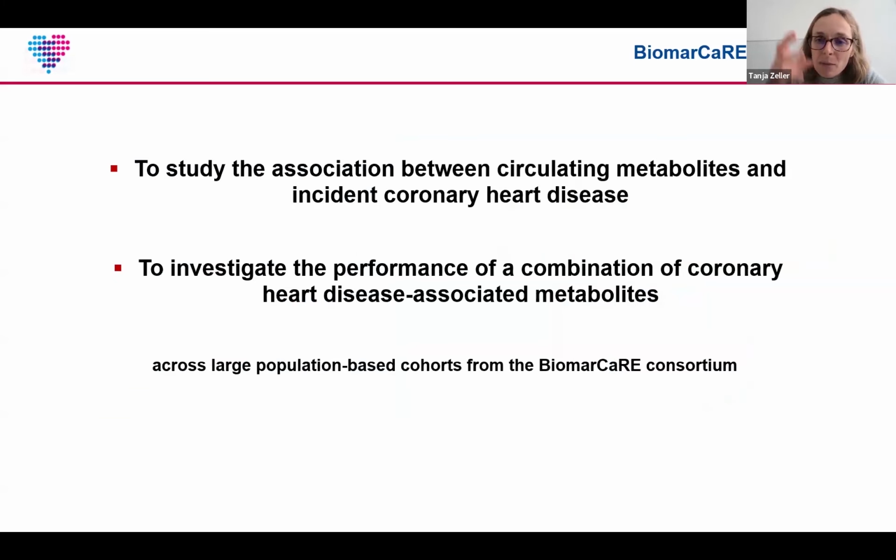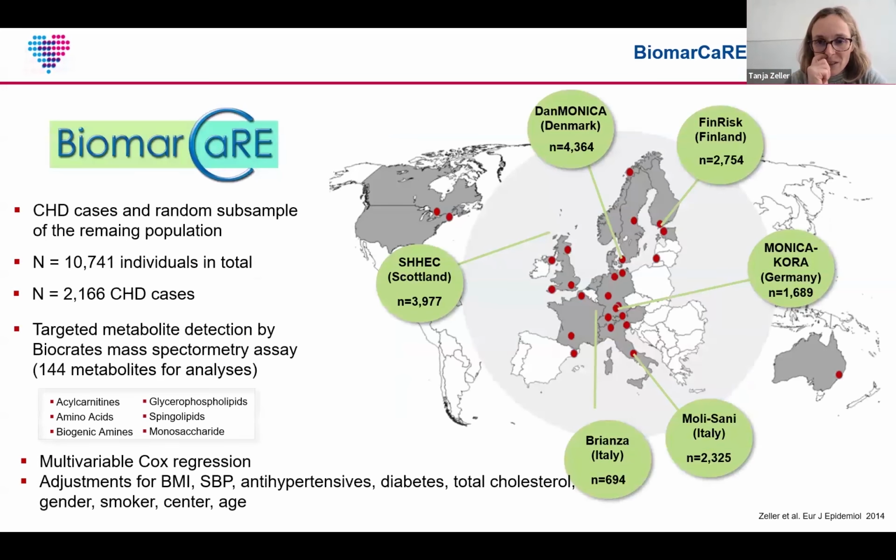So the aim of this study with the coronary heart disease was to study the association between circulating metabolites and the incidence of coronary heart disease, and to see whether the combination of normal biomarkers or classical risk factors with disease-associated metabolites would give us more information across our BiomarCaRE populations.